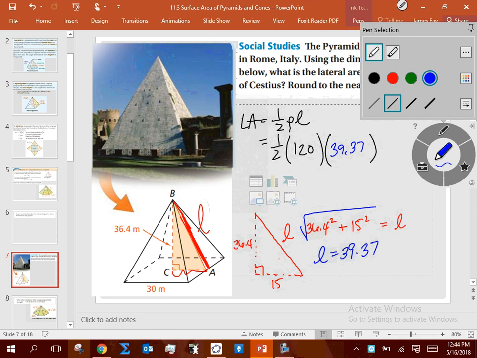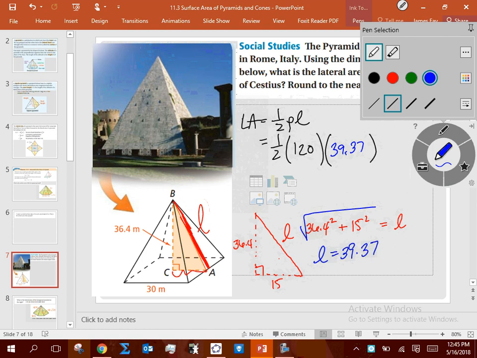And I can multiply that out then and get my lateral area. Now, that's a question where the 36.4 was a decimal, kind of an ugly decimal, so we're not going to write that as an exact answer. We're going to leave it as 1/2 times 120 times 39.37. It's okay. That's just lateral area.